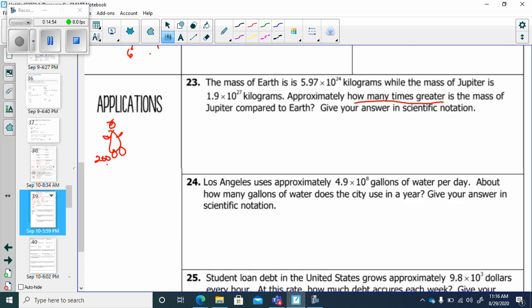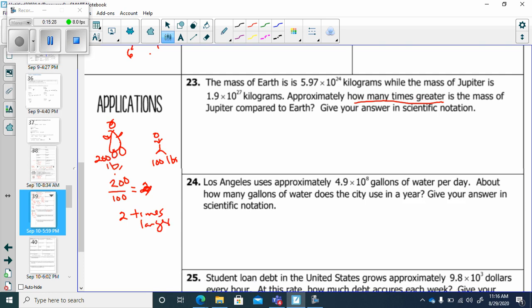I have another guy who is really skinny, he weighs 100 pounds. I decide how many times greater the big guy is than the small guy. I would divide their weights. The big guy is 200 pounds. The small guy is 100 pounds. If I divide those two, I get 2. That means the big guy is 2 times larger, okay?